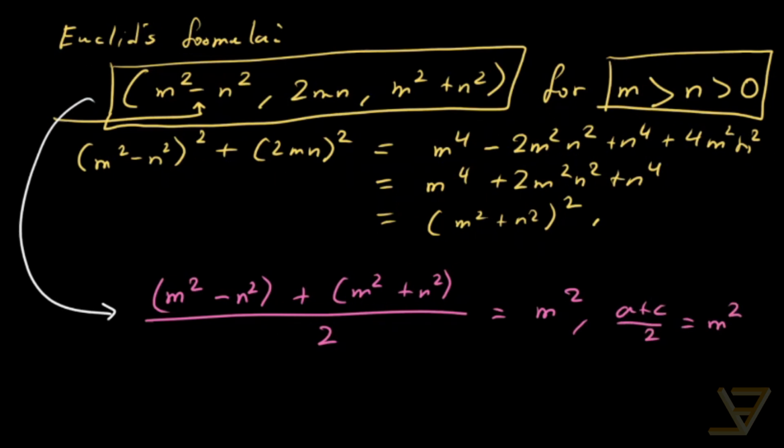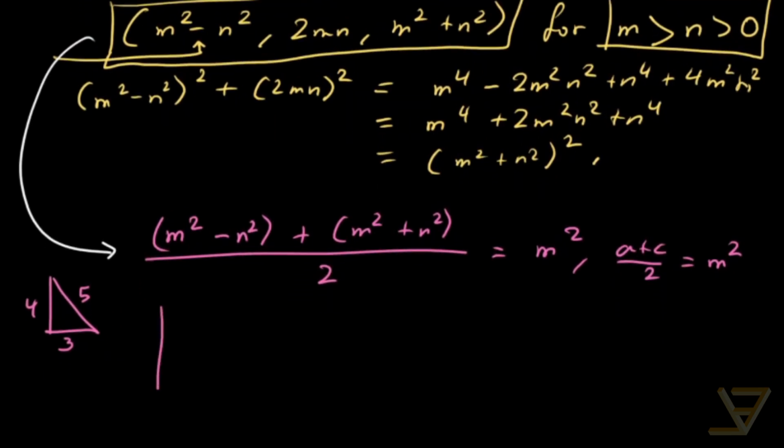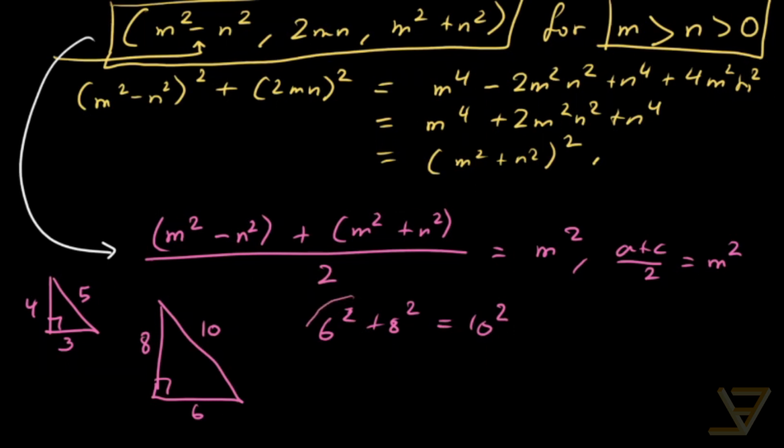Now, we have the Pythagorean triple, the standard one, 3, 4, 5, and we can scale it up to get 6, 8, 10. So 6 squared plus 8 squared equals 10 squared. So notice that this one here, 6, has to be m squared minus n squared if it's possible at all.